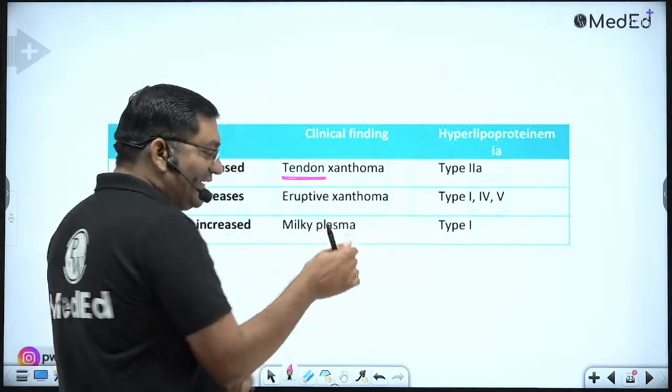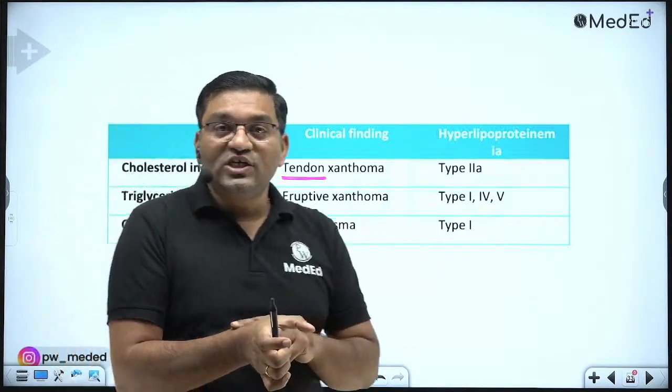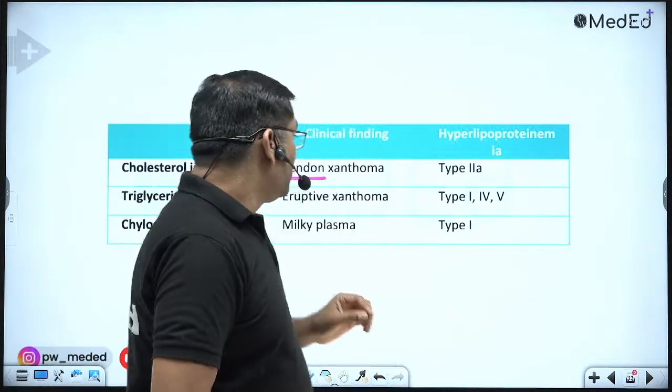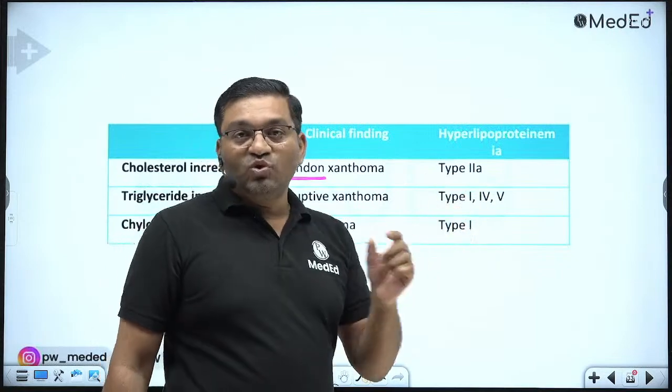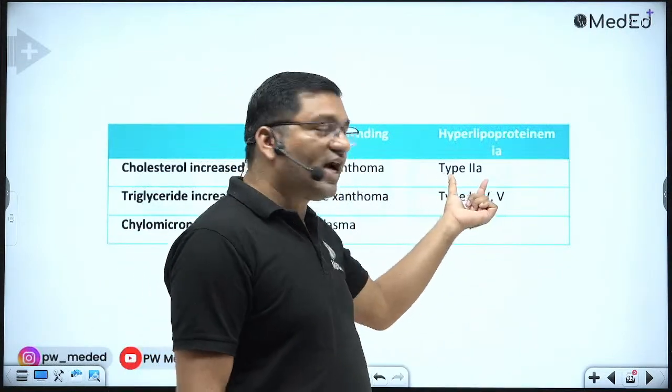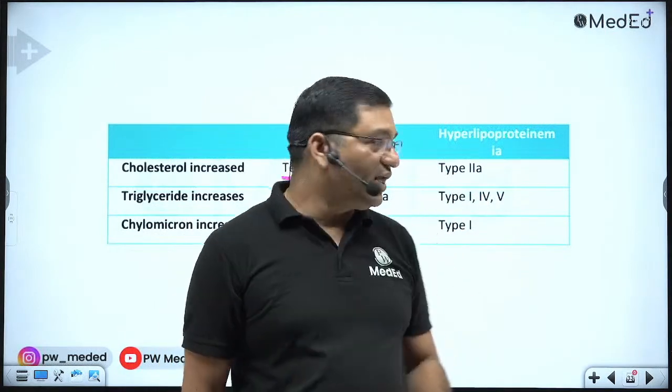Lesions are there on the tendon. So it occurs in type 2A, familial hypercholesterolemia.